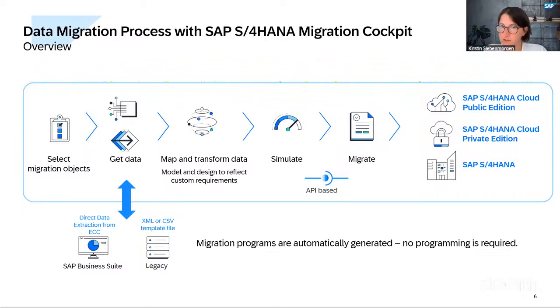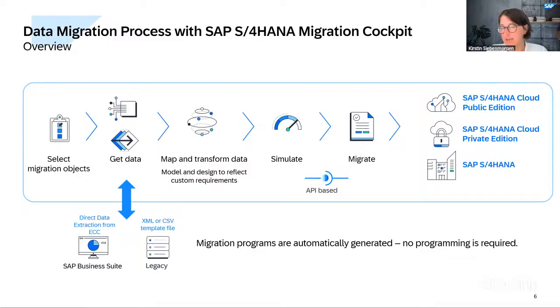As already mentioned, between the source and the target, there might be some transformation needed. There are rules already implemented, and you also have the possibility to do some value mapping if that's needed. So you can, for example, change your cost center namings if you want to do that on your way to S4. Before the data is really created and migrated in the target system, you have the possibility to simulate that.